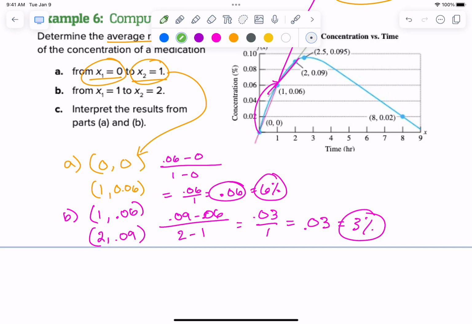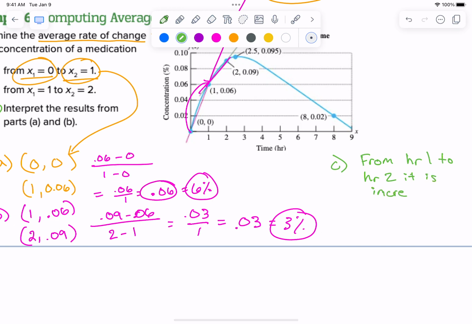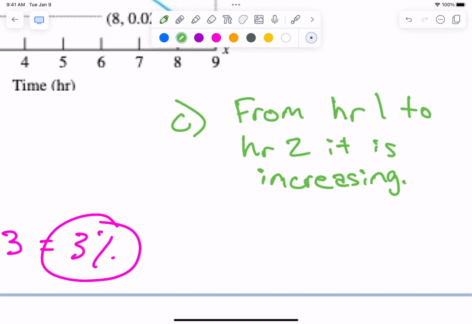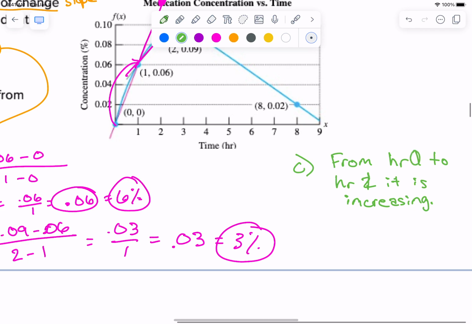Interpret the results from part A and part B. This is part C. So from hour 1 to hour 2, it is increasing by 3%. From hour 0 to hour 1, it's increasing 6%, faster.